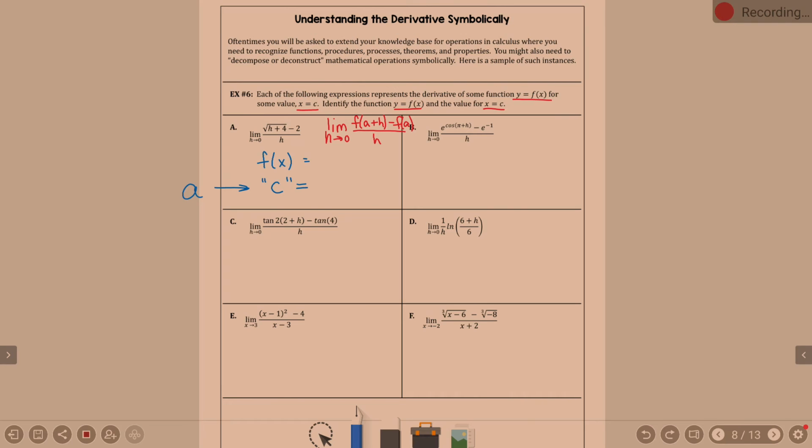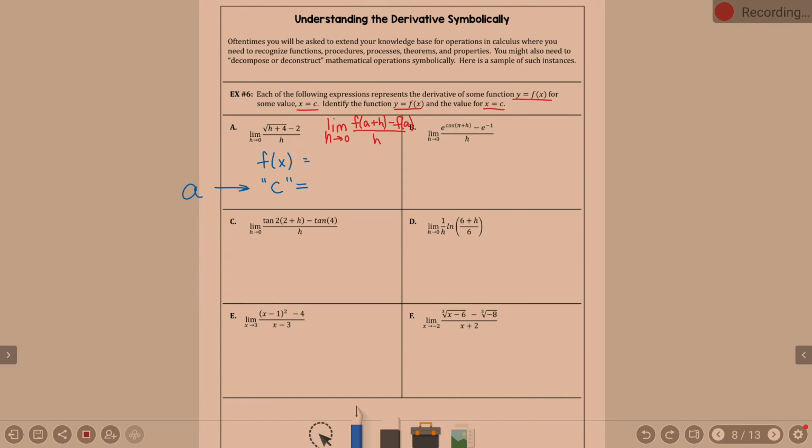What's your thought? For what? F of x is not just 2, it has to be a function. It's something that we could plug an x value into. This is where I think once we start seeing it, it'll be better.